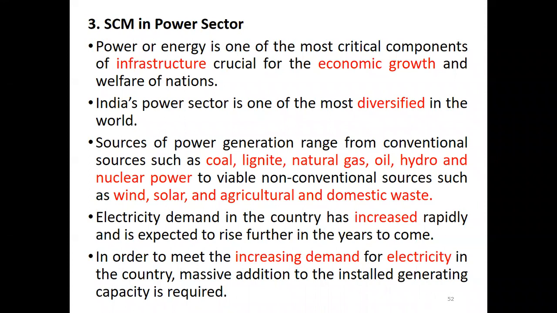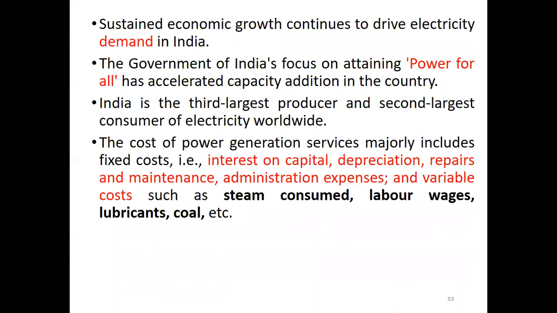Now, while managing the cost in the power sector, we have to identify which is the cost. Here also we are going to use the activity based costing technique. The demand for power and electricity is increasing day by day. Government is also deciding to supply power for all.